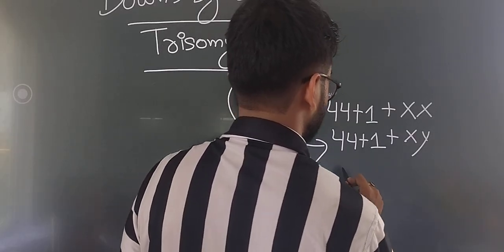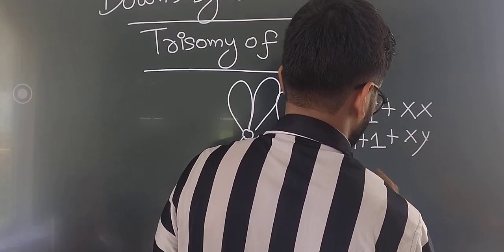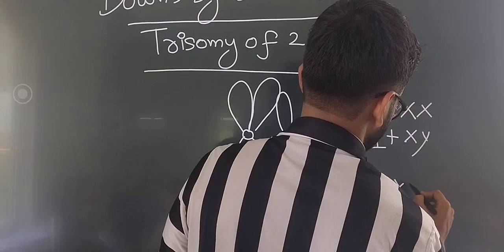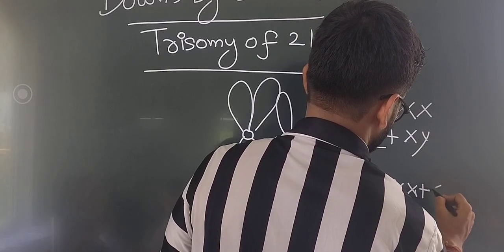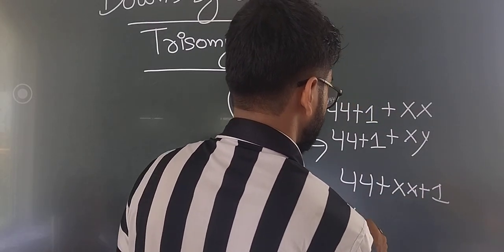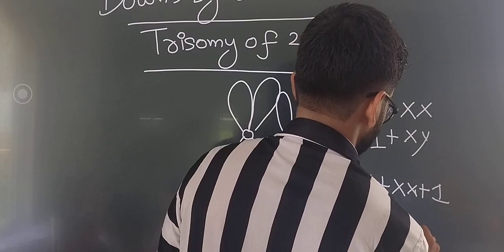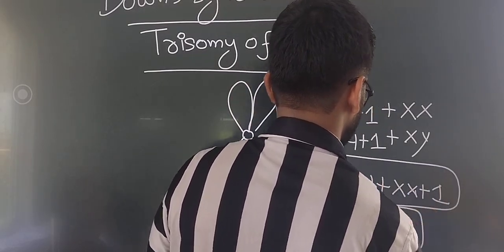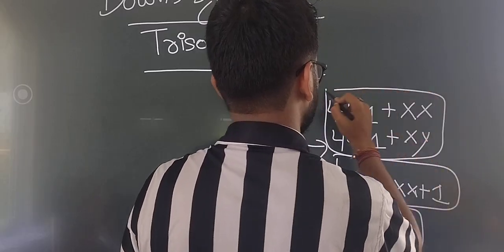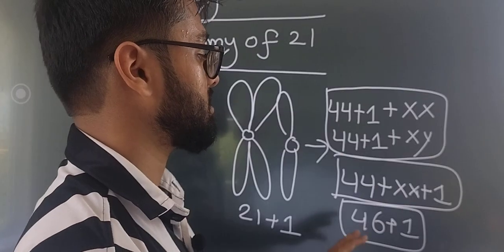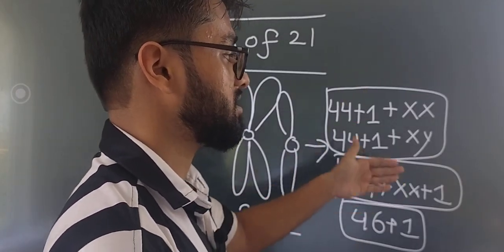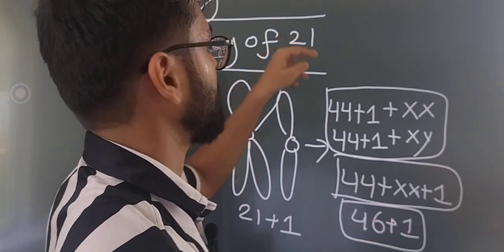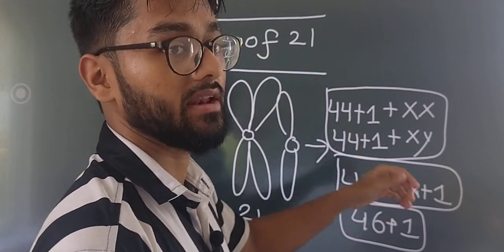We can write it this way, or we can simply write it like 44 plus XX plus 1, or 46 plus 1. All of these are correct. Why? Because they represent the correct sequence of your Down syndrome, that is trisomy, an addition.